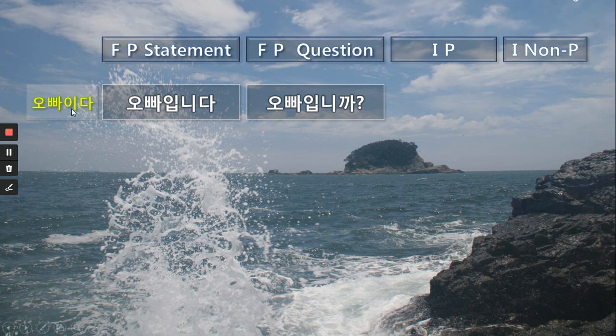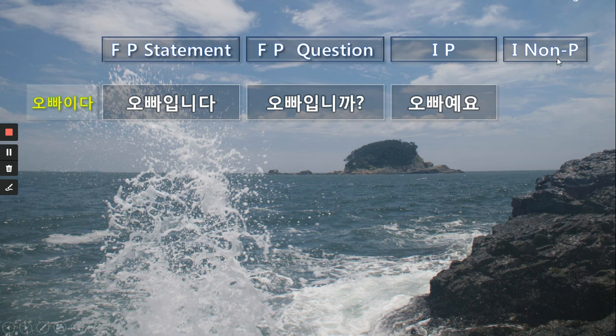Informal polite, verb be has two forms. Do you remember? 이다 has two forms. 이에요, 예요. When it has 받침, 이에요, no 받침, 예요. So here, 오빠, no 받침, 예요. 오빠예요. This is a bit important.